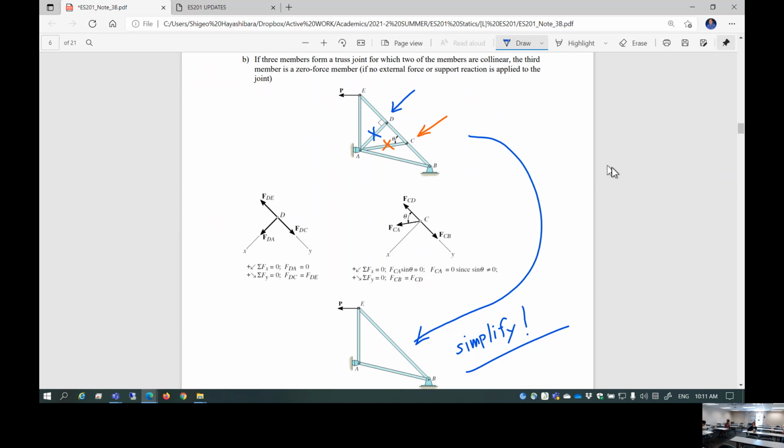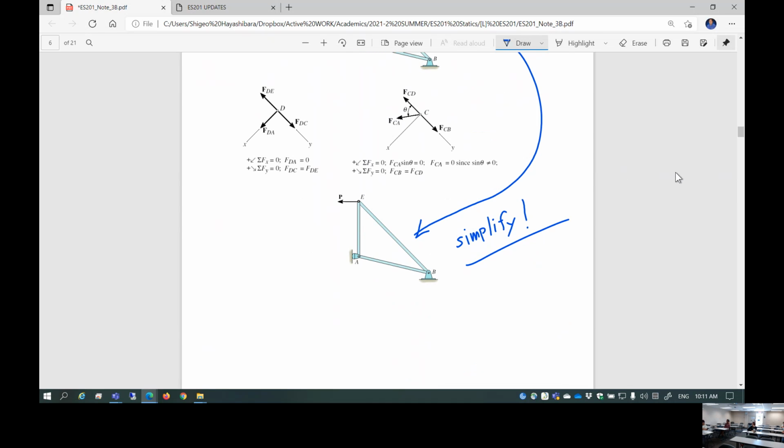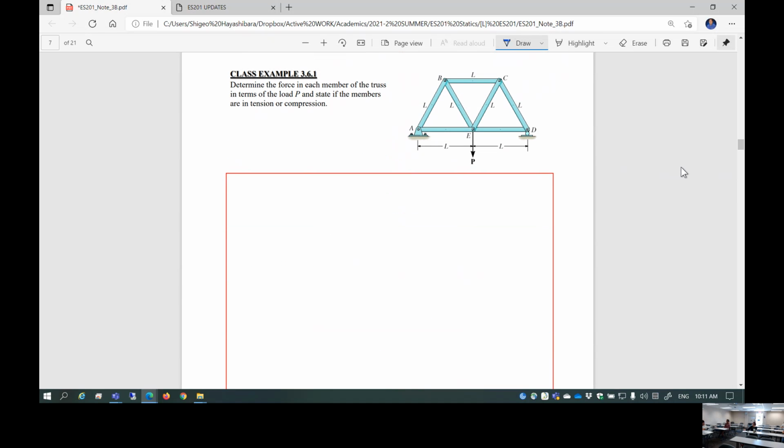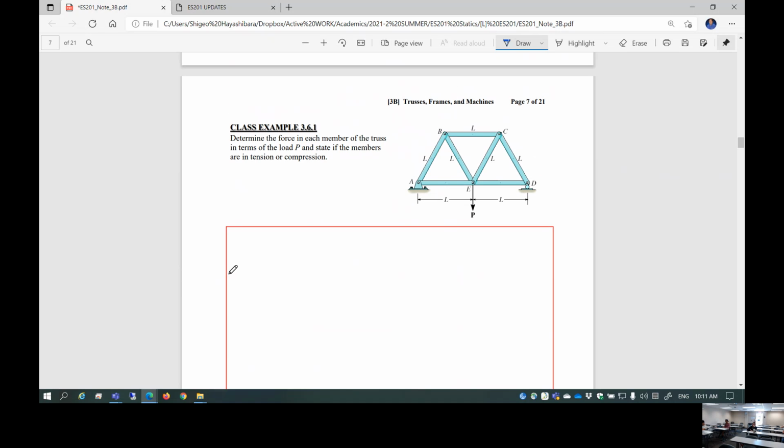Okay? Any question? Let's move on. Take a look at an example. Okay? All right, so this is page 7. Method of joints. Question is, do you like method of joints?